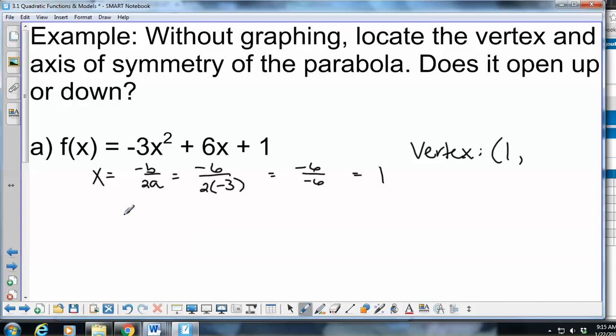How do I get the y from that? Plug that in for x. Okay, so f of 1, negative 3 times 1 squared would be negative 3. 6 times 1 is 6, so we're up to 3, plus 1. So my vertex is 1, 4.